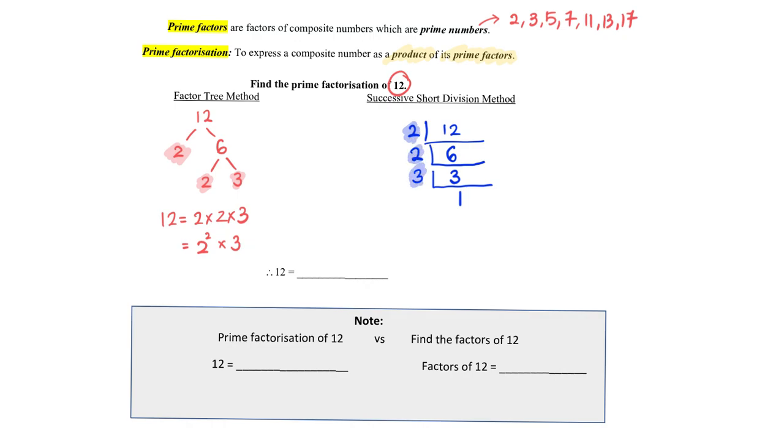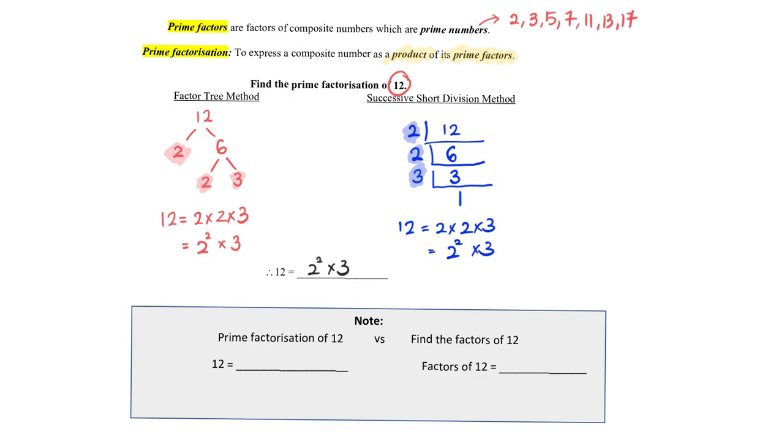So therefore, again, you will see that it is the same. They will yield the same answer. So the final answer will be 12 is equals to 2 power 2 times 3. And so, this is to note when we talk about prime factorization of 12, we want to see all the factors in terms of prime factors.